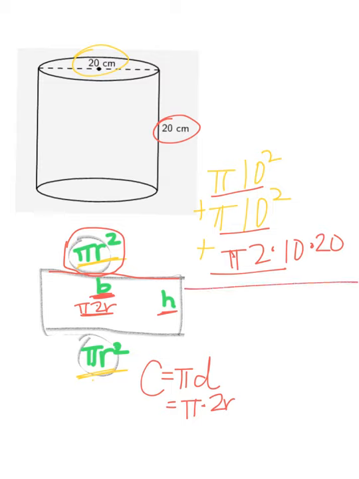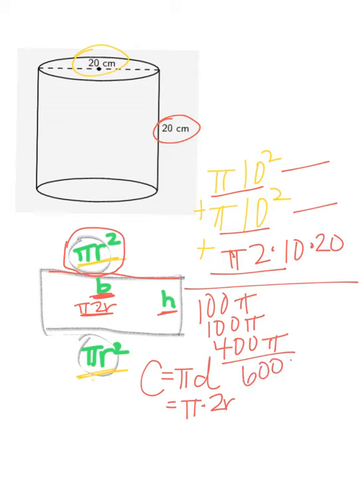And so we can add all those together. I get 100 pi for the next one. So 100 pi here, 100 pi here. And then find this guy down here, which would be 400 pi, which is 600 pi.